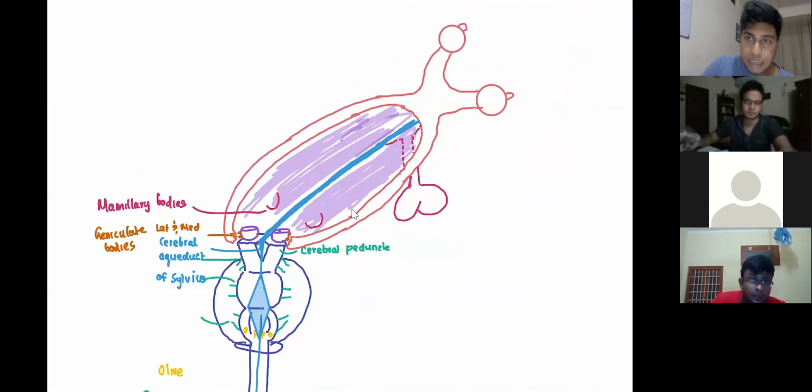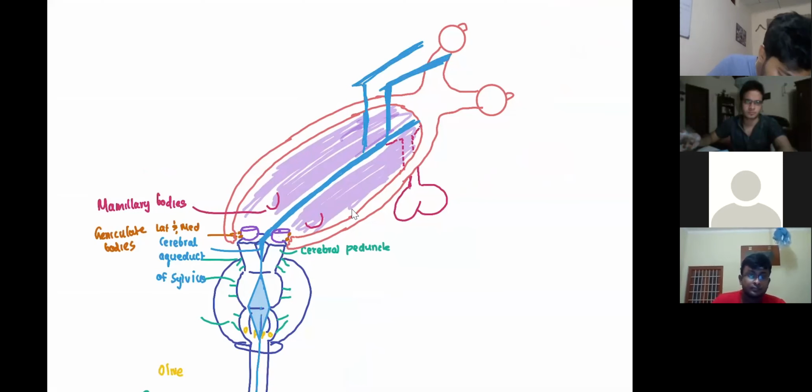Now I hope you guys understand this. It is not hard. It's best if you don't draw it, just understand it, because we will learn this later on in future lectures. So basically, this is going to be the lateral ventricles.